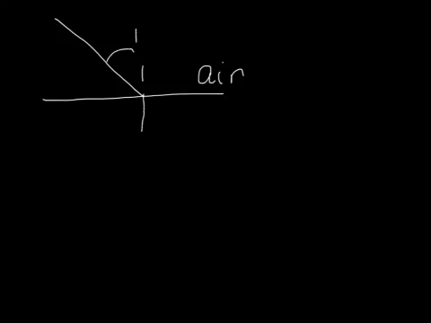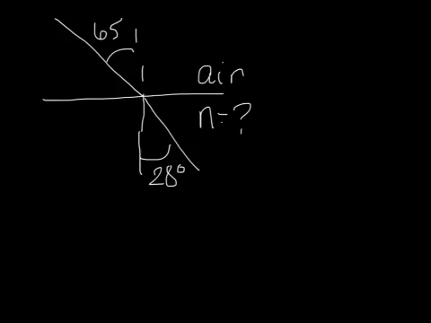Now let's look at another one. Say we have our ray of light coming in from air and it hits at, let's say, 65 degrees and it bends at, let's say, 28 degrees. What are we traveling into?